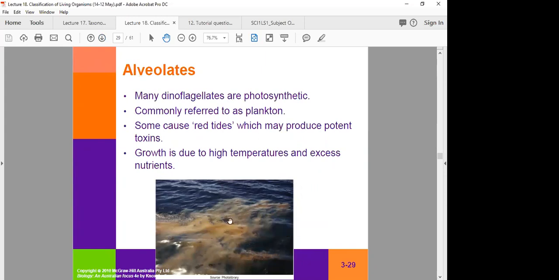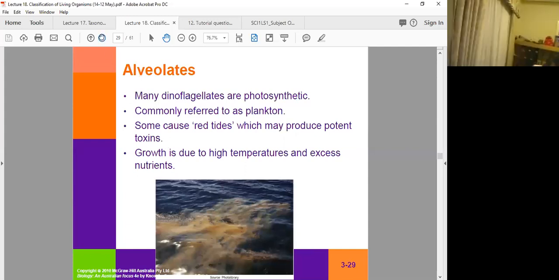This explosive growth here is due to high temperatures and excess nutrients. So where might these excess nutrients come from? From any waste that's going into the water, sewage waste, runoff from fertilised farms, and so on.